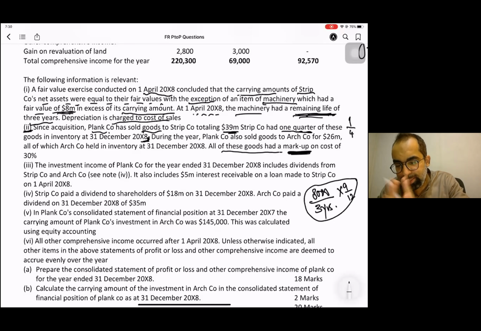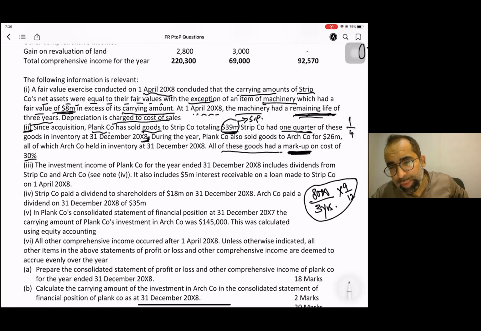So all these goods had a markup on cost of 30%. This 39 million is the selling price. Just for your understanding, in markup, cost is always 100%, and when you add 30% to the cost, the selling price is equal to 130.